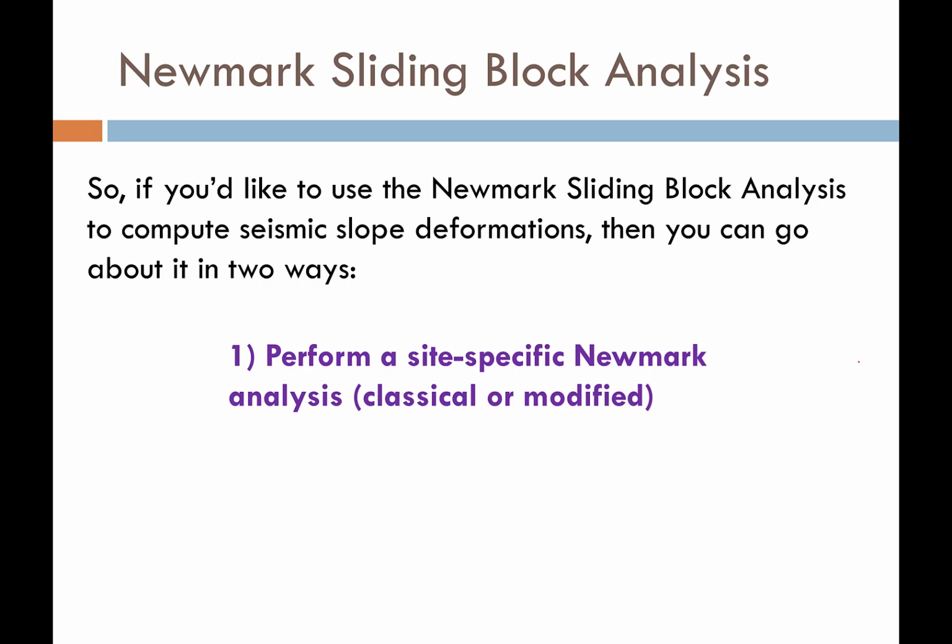You could do a classical Newmark and have a constant yield coefficient the entire time, or you could do a modified Newmark and have a yield coefficient that degrades as the soil softens. Doing it by hand, it's possible, but it's going to take a lot of time and computation.